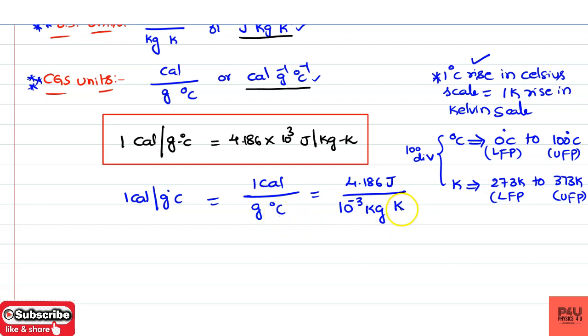Instead of degree centigrade I am writing Kelvin, because 1 degree centigrade rise equals 1 Kelvin temperature rise. Therefore 1 calorie gram inverse degree centigrade inverse is equal to 4.186 into 10 power minus 3, which becomes 10 power 3 joule kg inverse Kelvin inverse. So this is how we got the relation between 1 calorie per gram degree Celsius and joule per kg Kelvin.